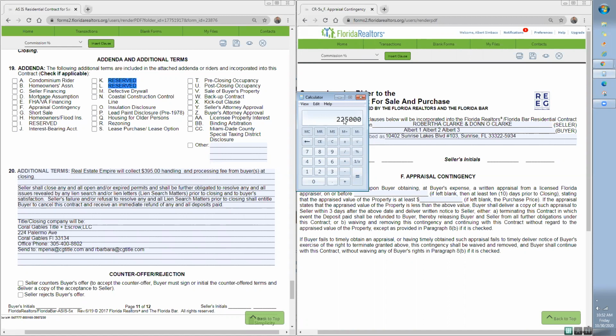We offered $250,000. The appraisal comes in at $240,000. This is a question I have for everybody right now. The appraisal came in at $240,000. With the loan contingency, is the contract still in effect? Waiting for an answer.